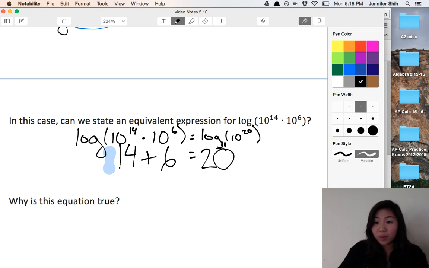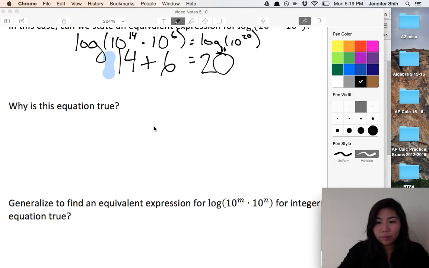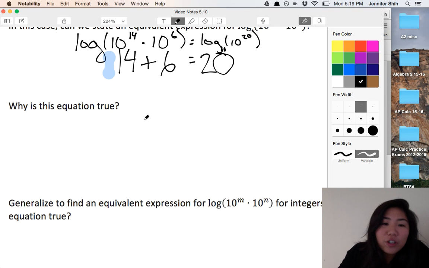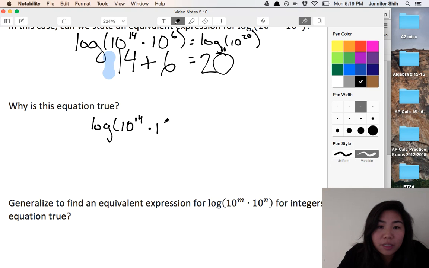So catch up. Let me pause. Okay, so why is this equation true, that we can just do 14 plus 6? Let's rewrite the equation. The equation that's true is that log of 10 to the 14th times 10 to the 6th is equal to 20.